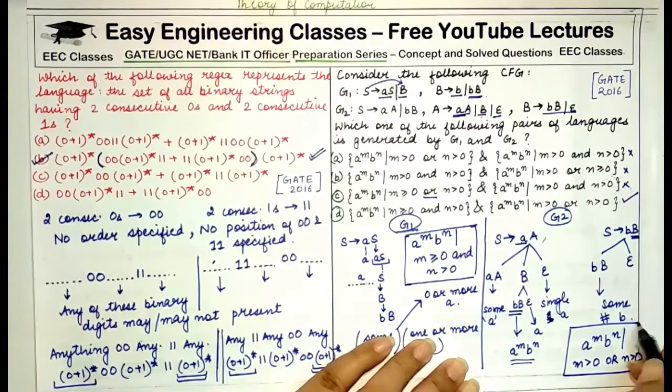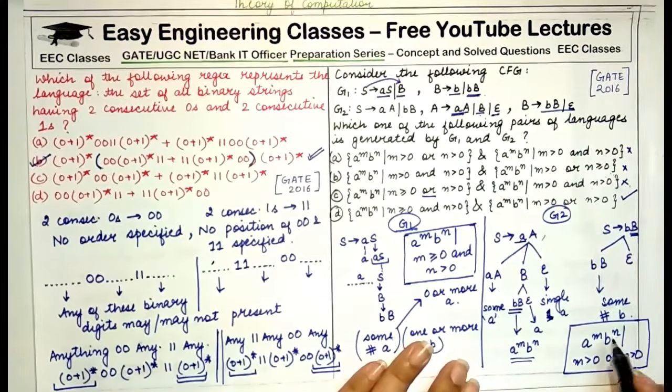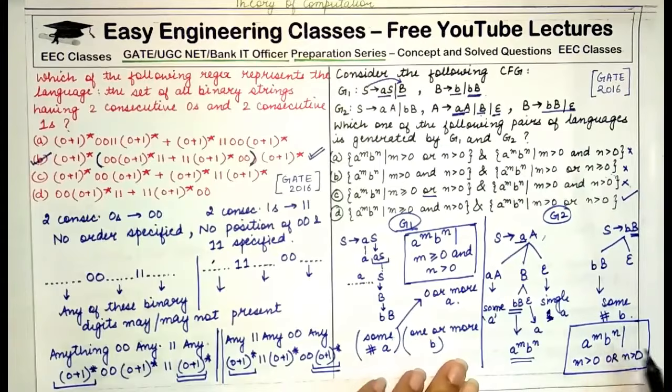And why is it so? Because A raised to power M followed by B raised to power N, at any point of time, both of them cannot be 0.